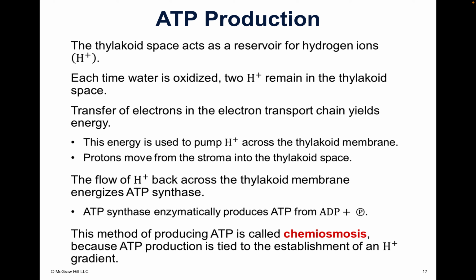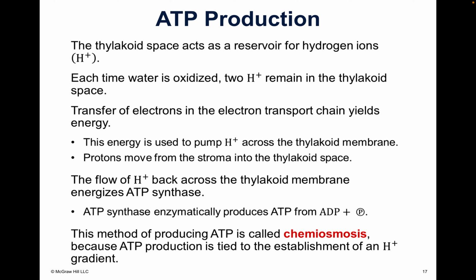So what that's saying is every time a redox reaction is happening in the thylakoid, there are hydrogen ions hanging out waiting to be used. So the flow of hydrogen ions back across the thylakoid membrane is what energizes ATP synthase, which enzymatically produces ATP from ADP. So all that is saying is ADP produces ATP.